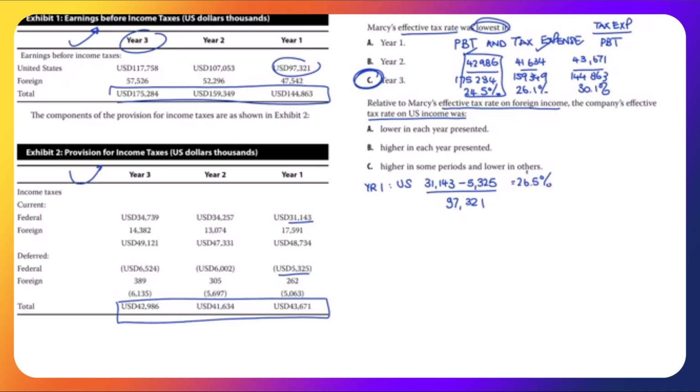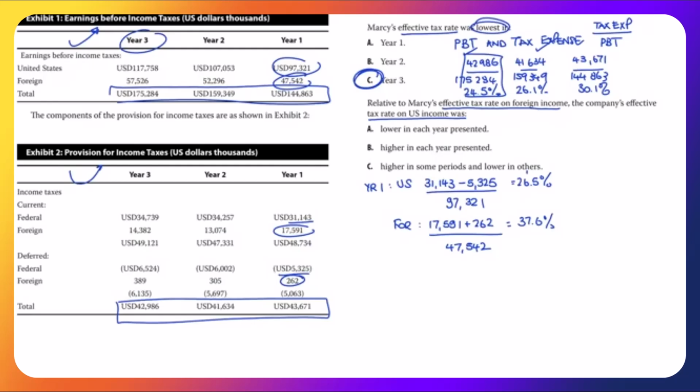That's for year 1. Foreign, same process. Foreign is 17,591. Plus this time, our deferred of 262. Divide that by the foreign earnings, 47,542. That would give you 37.6%.